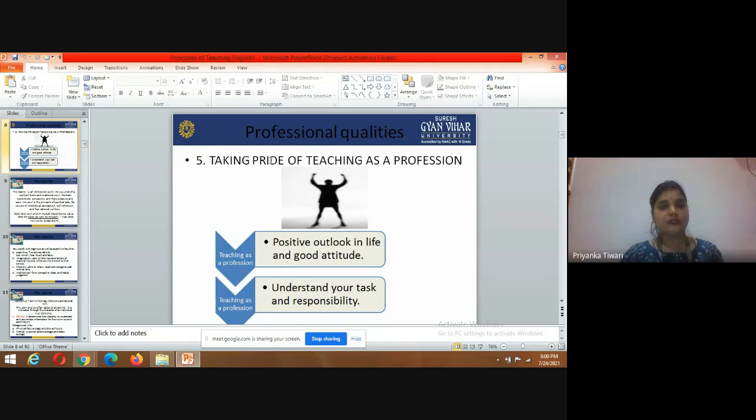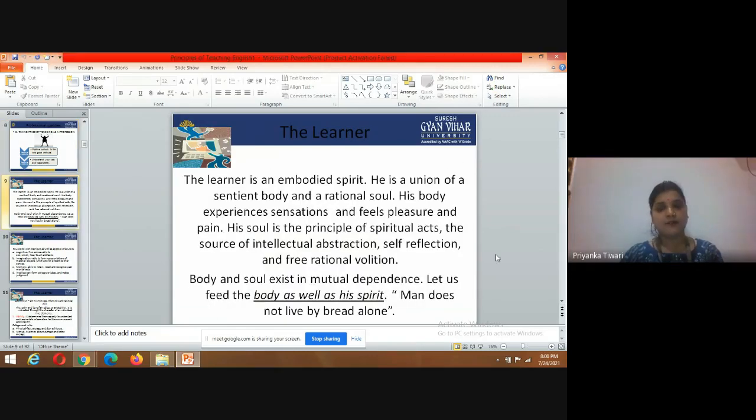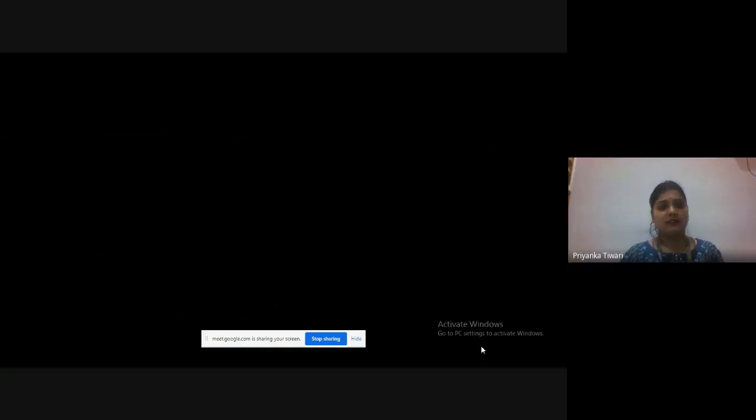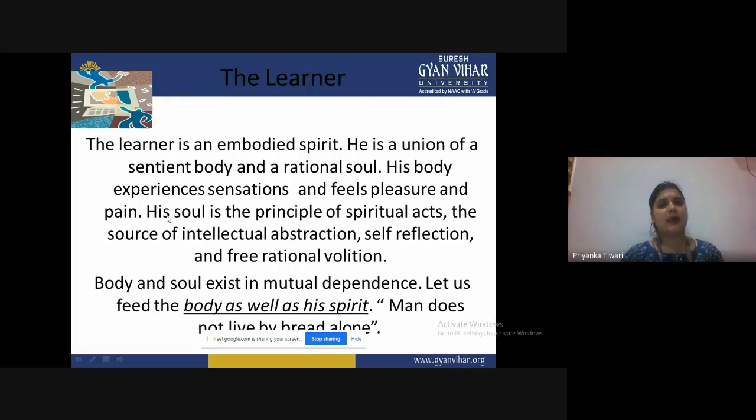Then after that, the learner. The learner is an embodied spirit, a union of a sentient body and a rational soul. His body experiences sensations and feels pleasure and pain.